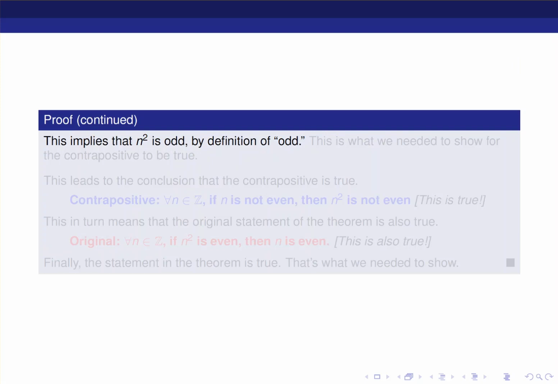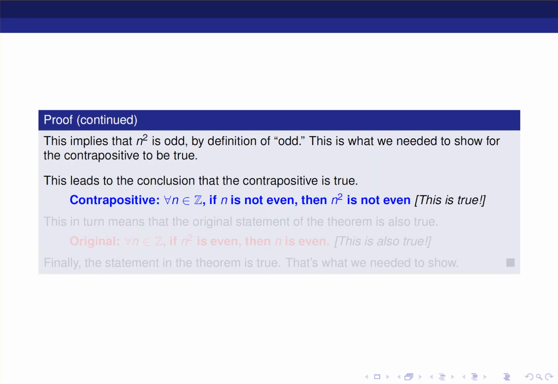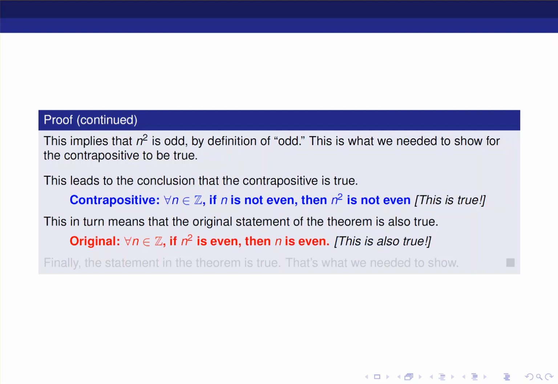That means that n squared now has the form of an odd integer, which is what we want to show for the contrapositive. But if the contrapositive is true, then that means that the original statement is also true, because they are equivalent. Their truth values are the same. So that means that the statement in the theorem is true, and we are basically finished, because that's what we needed to show.